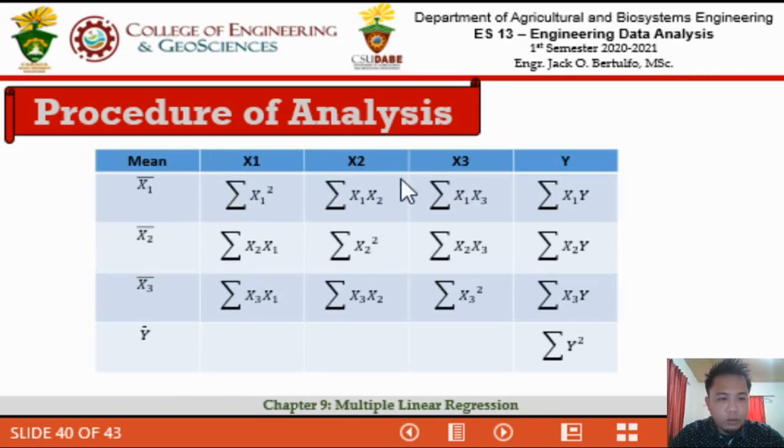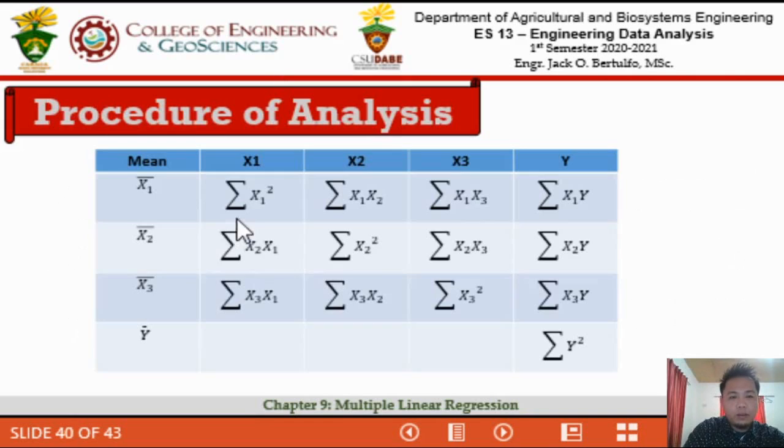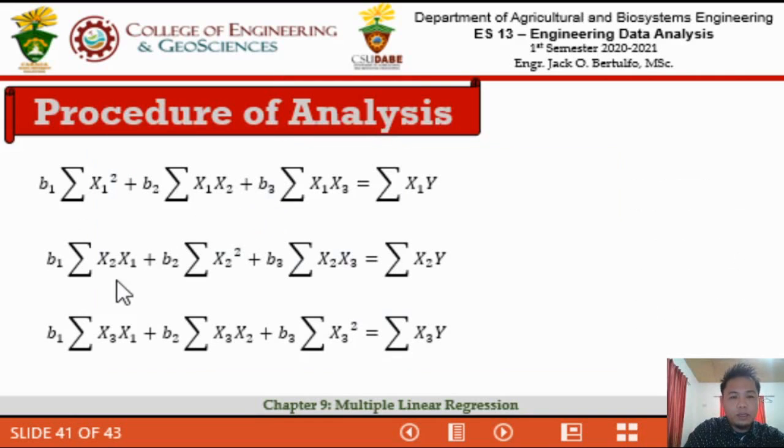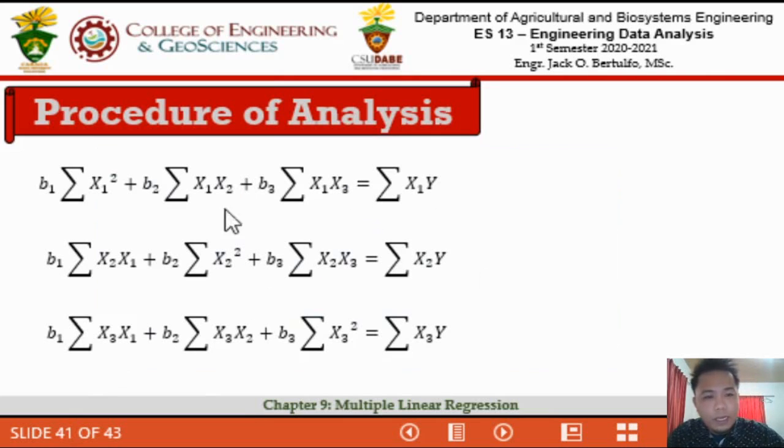Beta 1, beta 2, beta 3, then equate it to y. Put in x1, x2 and compare, x1 squared, x2, x1, x2, x1. So it is the same. After that, we have the values for everything. Then you solve for every coefficient, beta 1, beta 2, and beta 3.